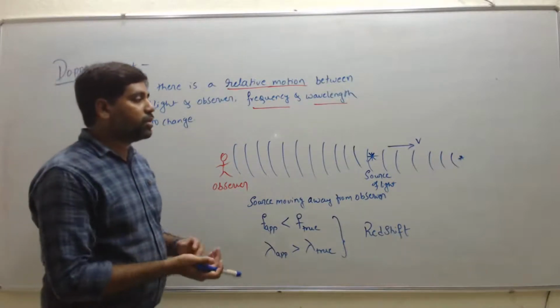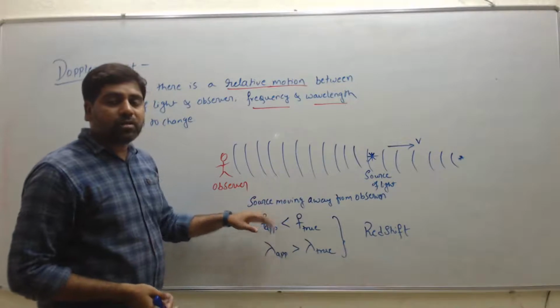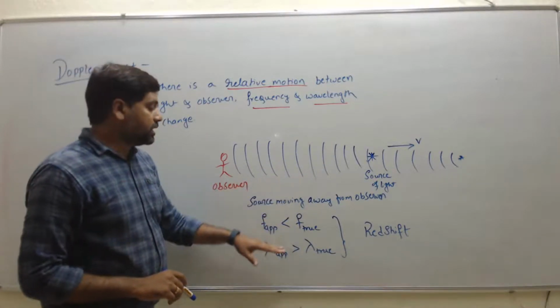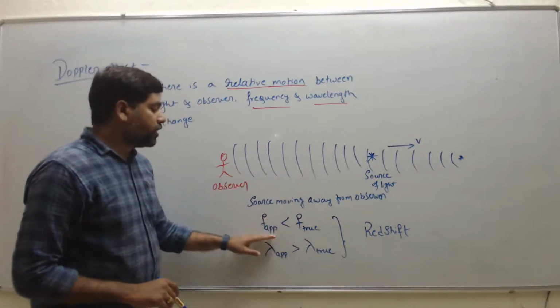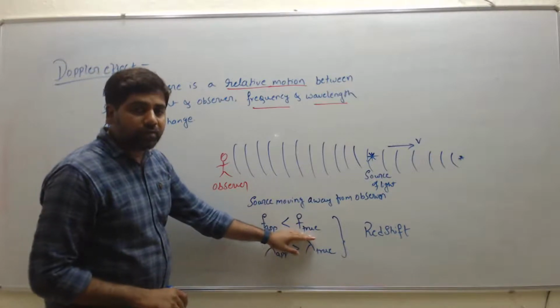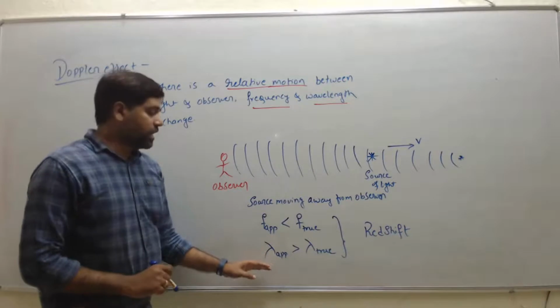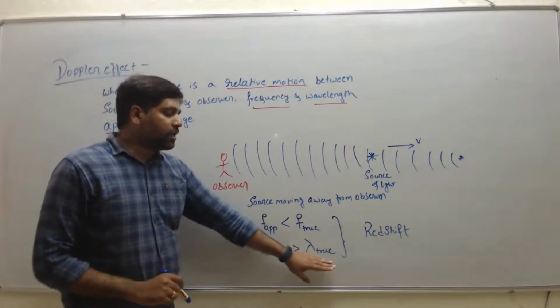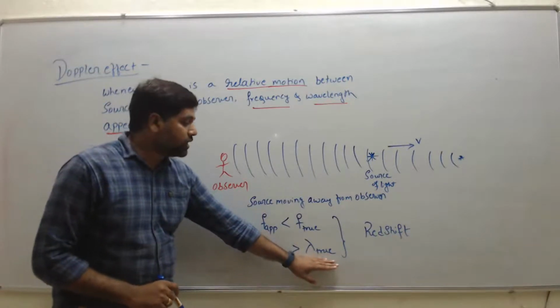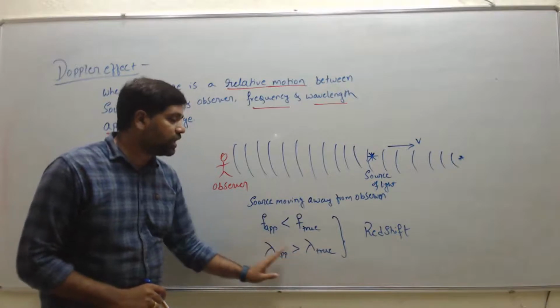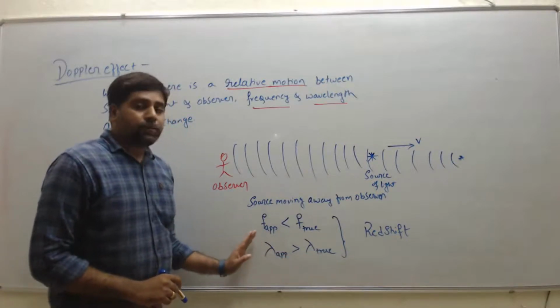Hence the measured frequency is less compared to the true frequency. In terms of wavelength, the apparent wavelength is greater than the true wavelength. Hence the measured wavelength shifts towards the red end of the spectrum.